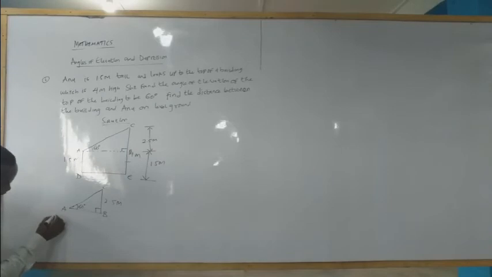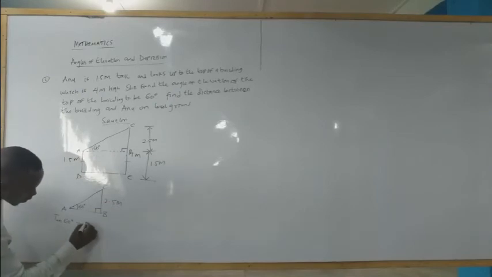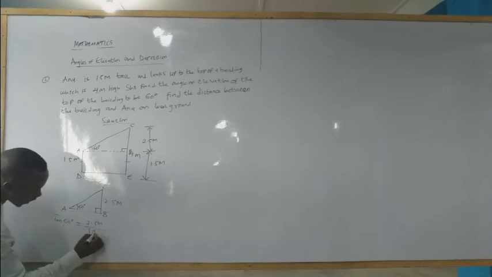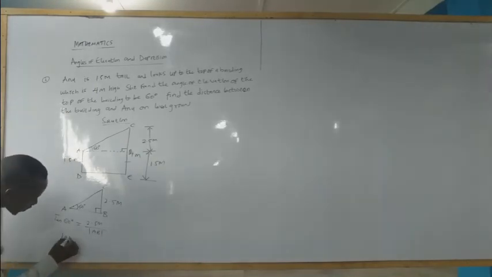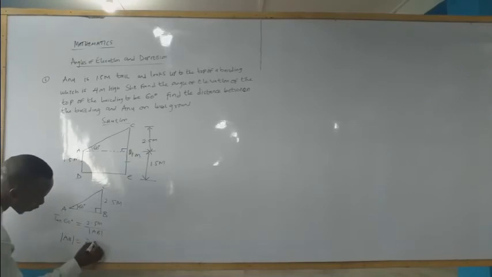Tan. So we have tan 60 degrees equals opposite 2.5 meters over adjacent, line AB. From here we are looking for AB. So we cross multiply to find AB. Therefore AB equals 2.5 over tan 60.